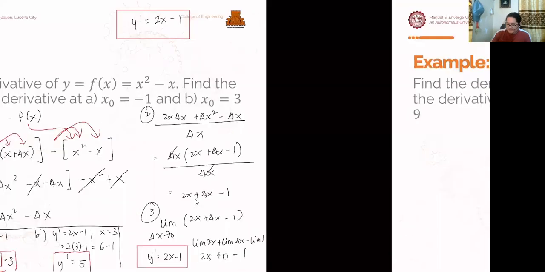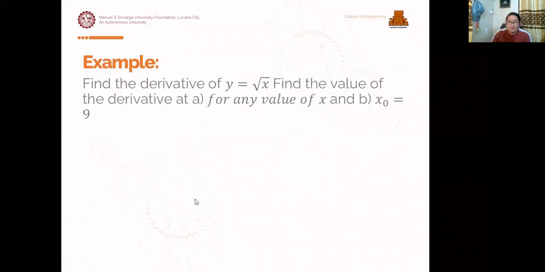Okay, next. Find the derivative of y is equals to square root of x. Then find the value of the derivative at x sub 0 is equals to 9. Okay? So kapag derivative by formula, dapat ang makuha natin this will be x^(1/2).